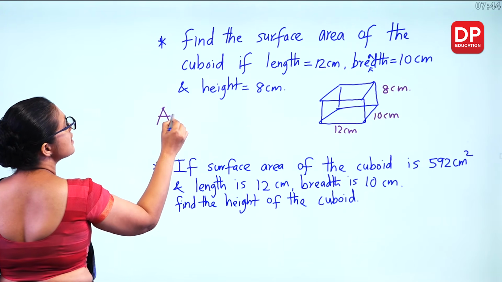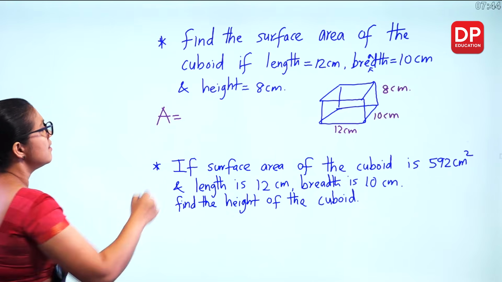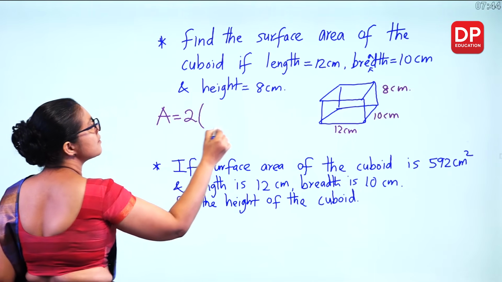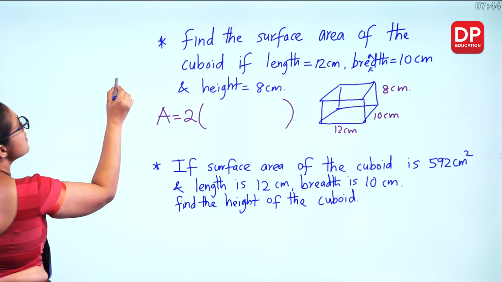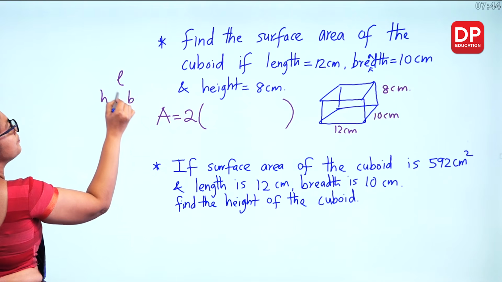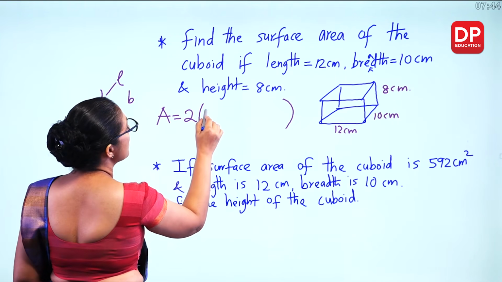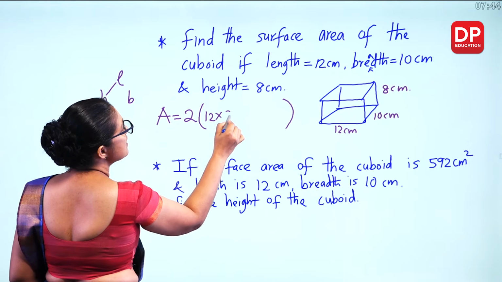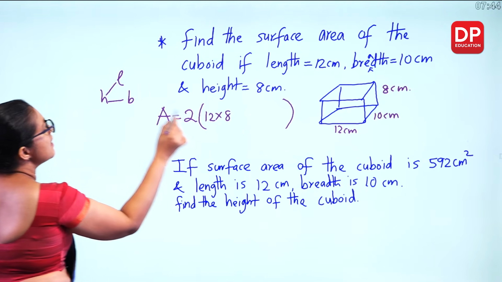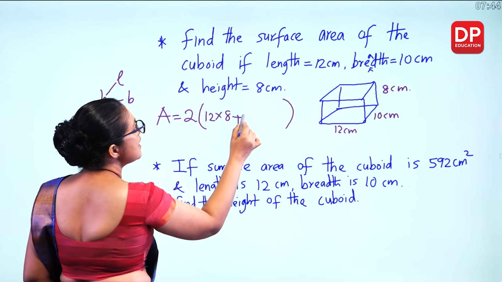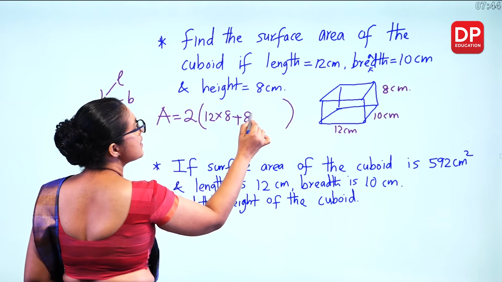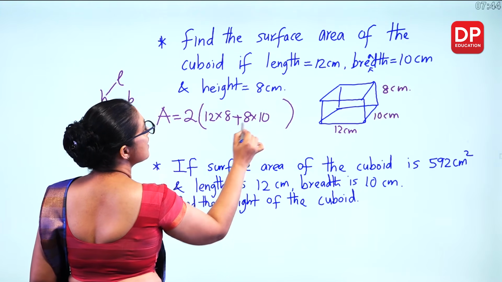So you can use A equals, what's the formula? 2 times. So use this one, LH, HB, LB. LH. L is 12. H is 8. HB. HB means H is 8, breadth is 10.